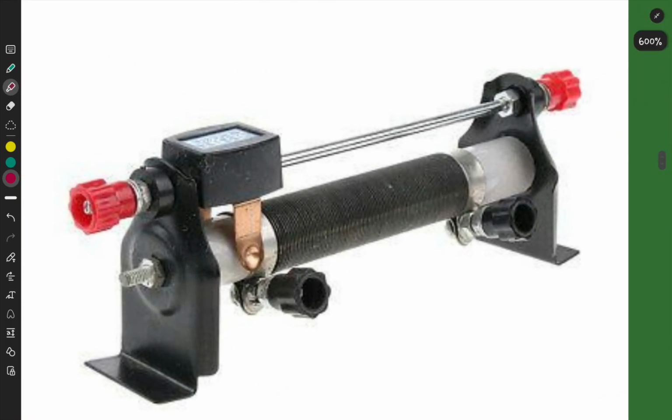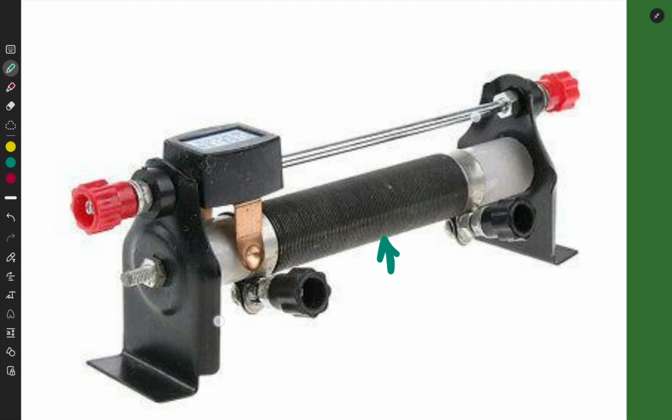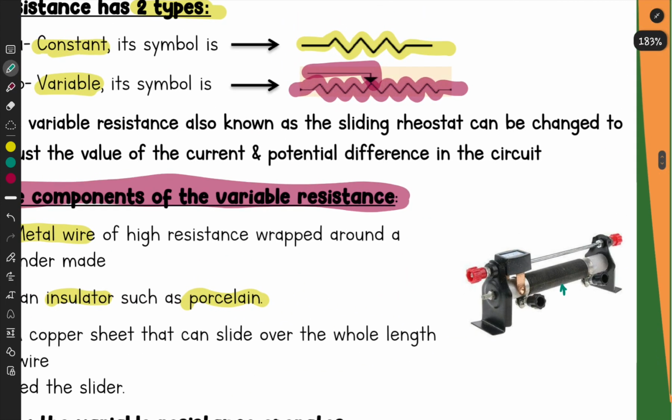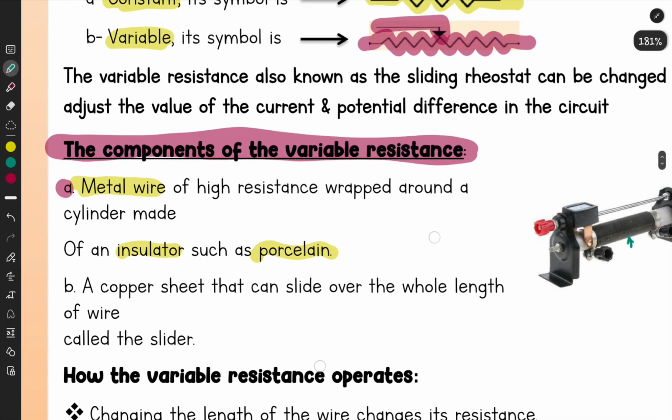So this black substance is the metallic wire wrapped around a cylinder, and this cylinder is made of an insulating material such as porcelain.